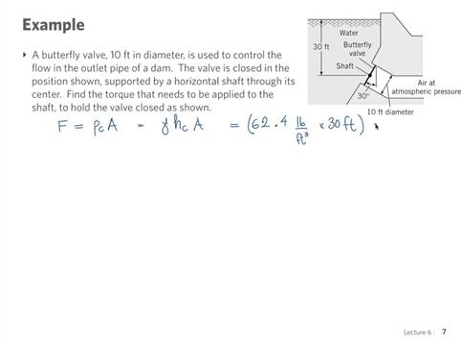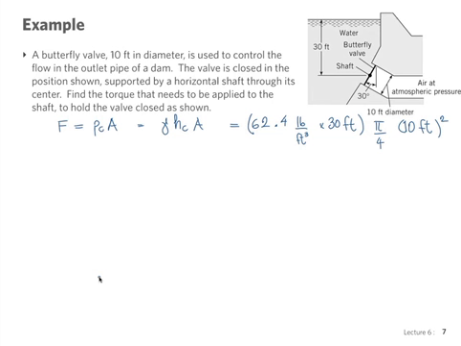The area of the disk is pi d squared over 4, pi over 4 d squared. D is given here as 10 feet, so 10 feet squared. Easy enough. We can have the resultant.